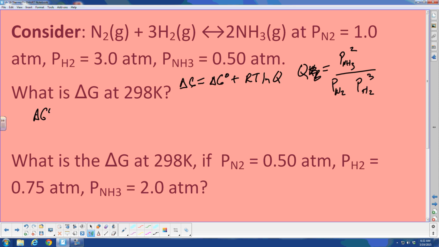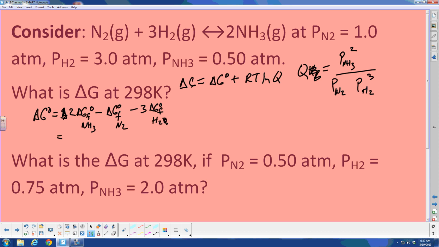Delta G prime would be equal to 2 times delta G of formation of NH3, minus delta G of formation of N2, minus 3 times delta G of formation of H2.